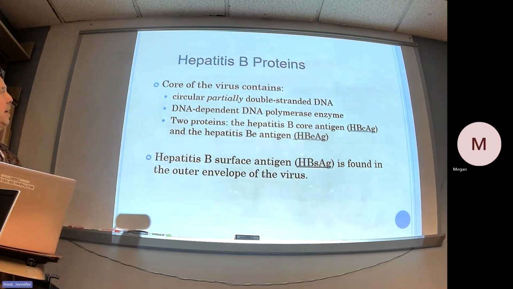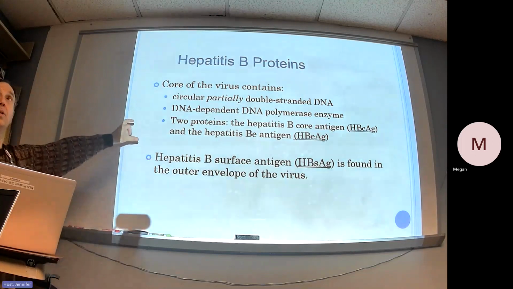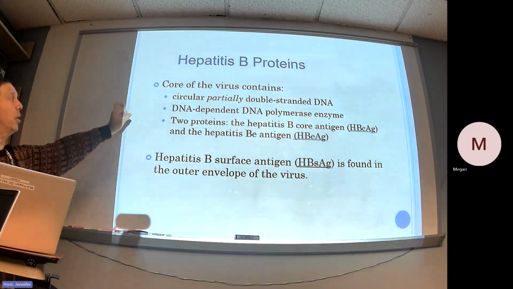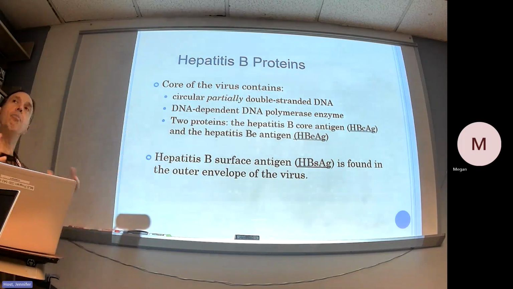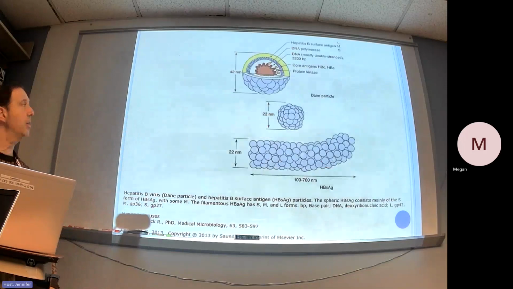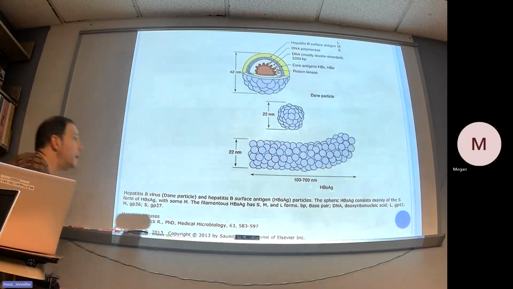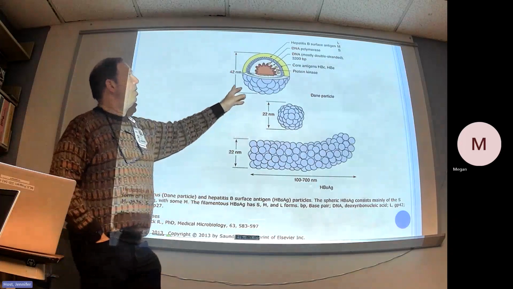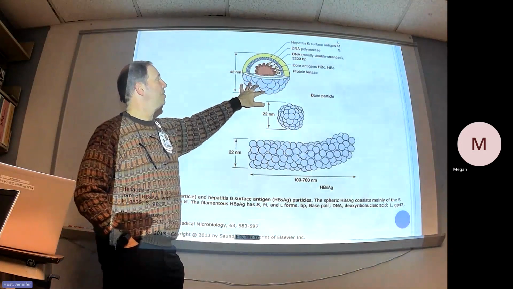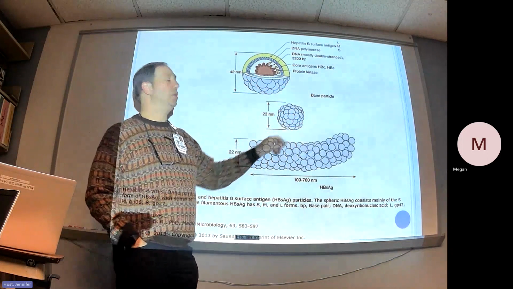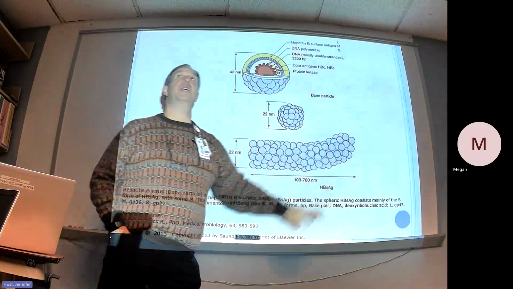Again, you have DNA in the center, but you have other core proteins: surface antigen, core antigen, hepatitis E antigen, and those are all proteins. Now you look at what this looks like, and you can have the surface antigen on the surface, the empty particle, and other empty surface antigen particles.